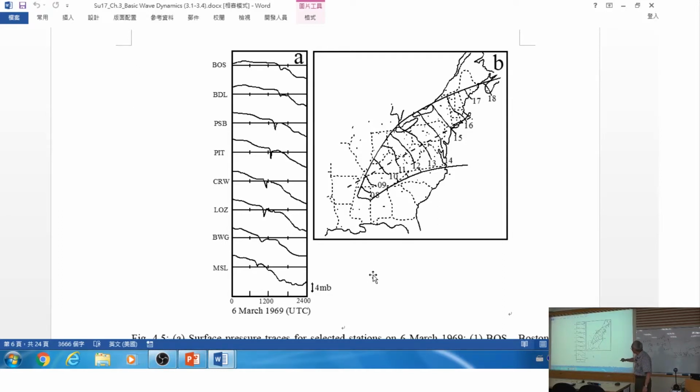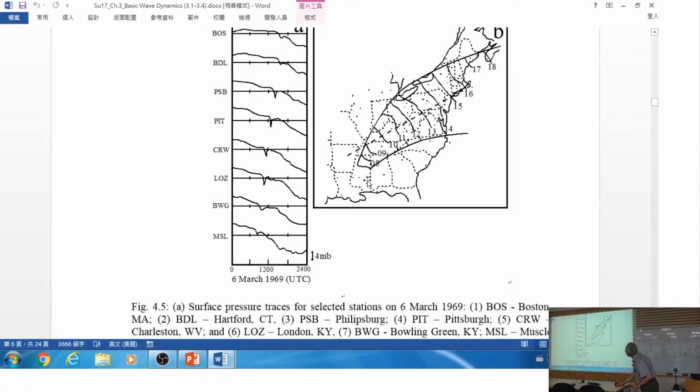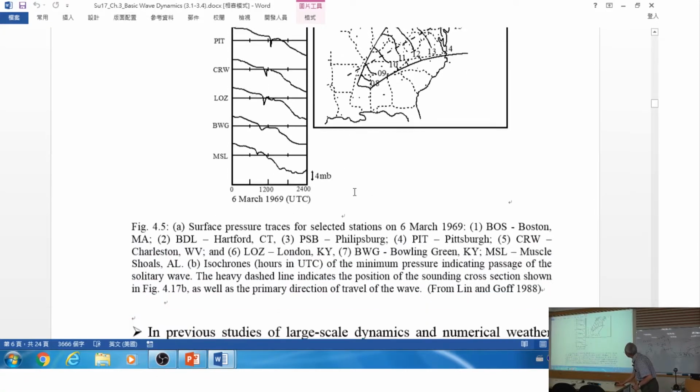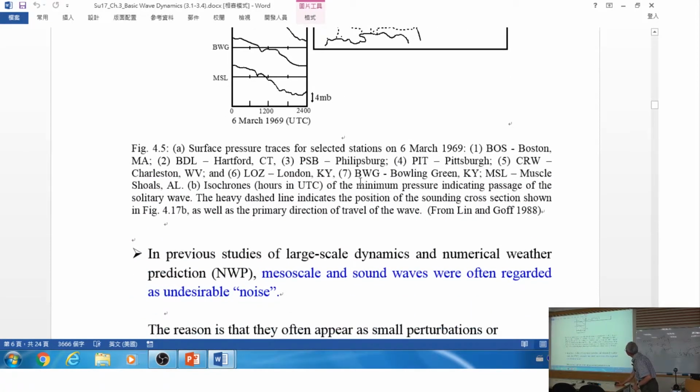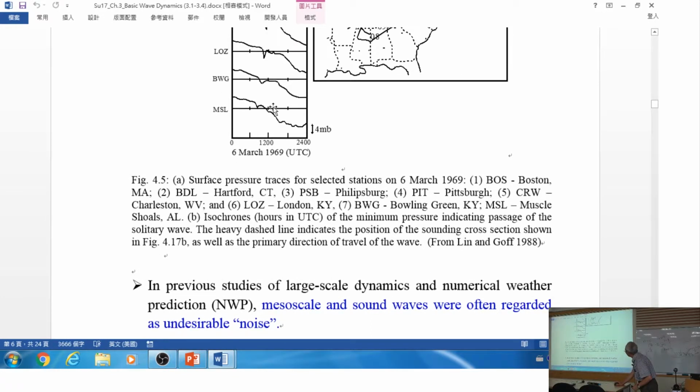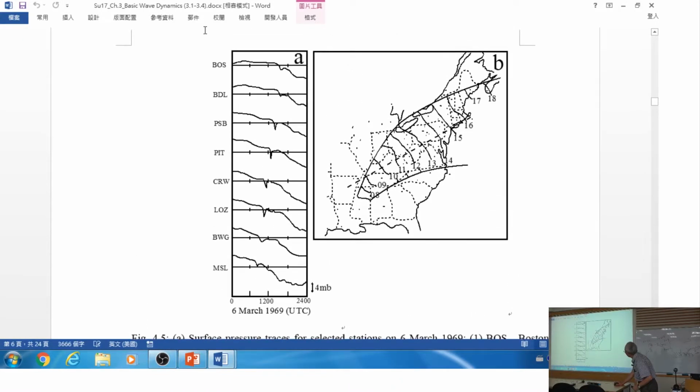This is MSL, probably in Louisiana. Oh, yeah, Muscle Shoals, in Alabama. It propagates all the way to BOS, that's Boston, and you can trace it.